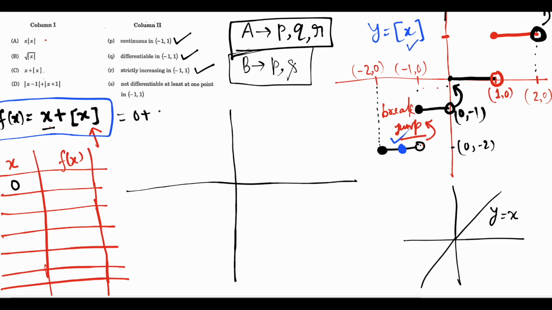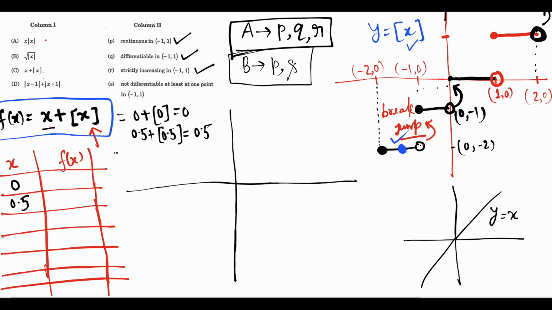So for x equal to 0, we have the function f of x value as 0 plus floor function 0, which is equivalent to 0. For x equal to 0.5, we have 0.5 plus floor function 0.5, which is equivalent to 0.5 plus 0, which is equal to 0.5.